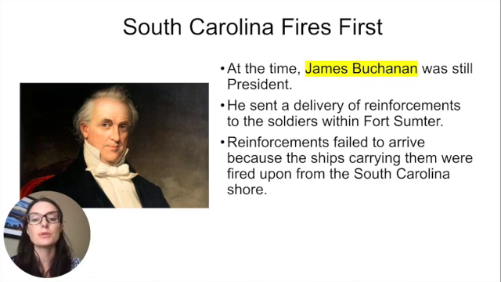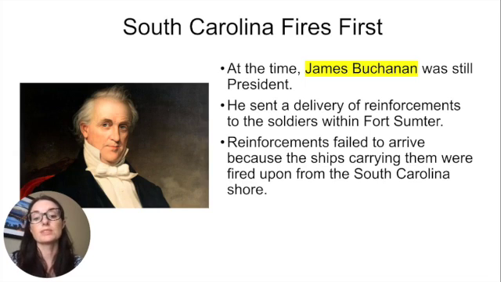Okay, so President Buchanan sent a delivery of reinforcements to the soldiers within Fort Sumter. Reinforcements failed to arrive because the ships carrying them were fired upon from the South Carolina shore. So, Fort Sumter, remember there were Union soldiers there, and those soldiers needed reinforcements.